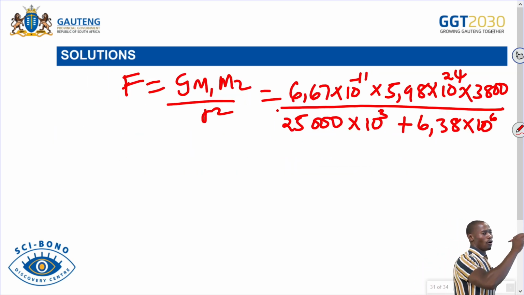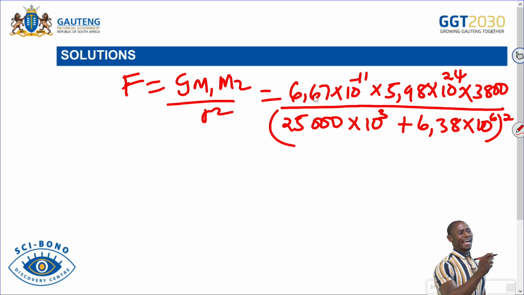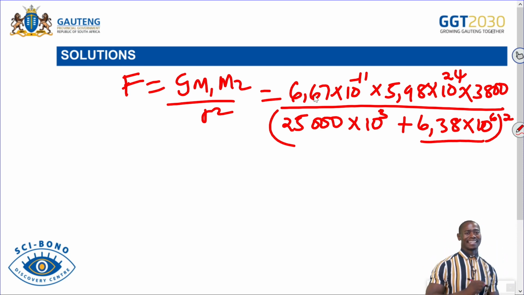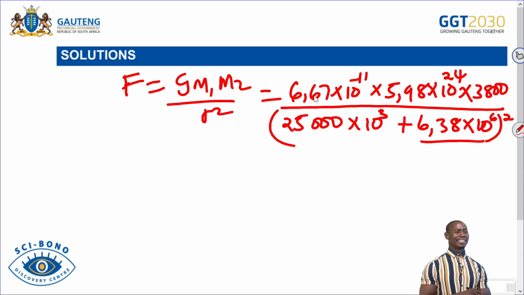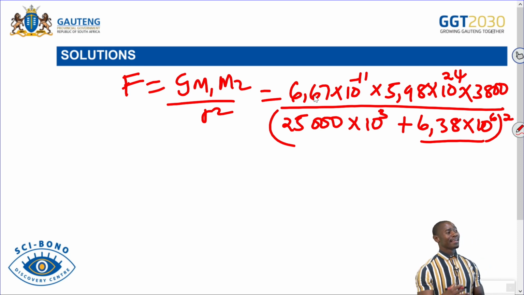So all squared. I hope you understand why I added RE there, the radius of the Earth, because the distance should be from center to center. But that 25,000 kilometers was from the center of satellite A to the surface of the Earth. For us to get center to center, we need to add the radius of the Earth.